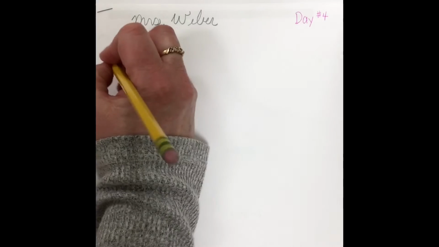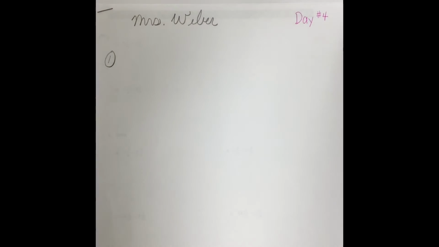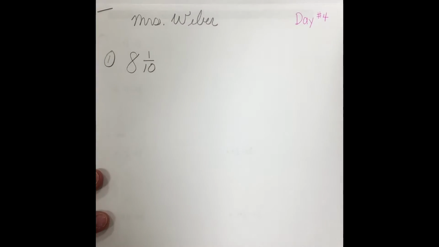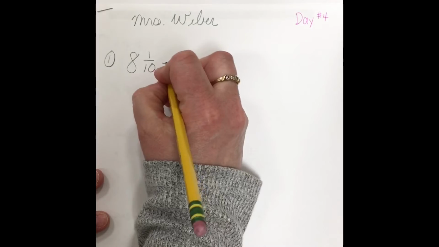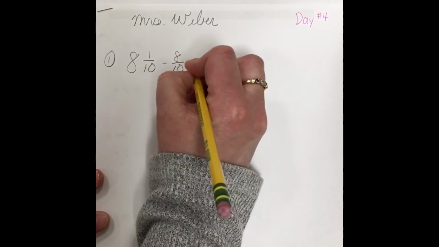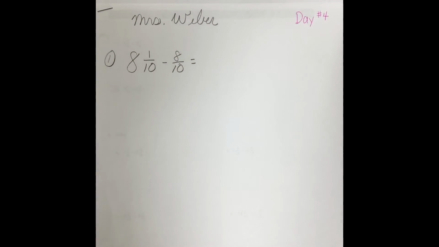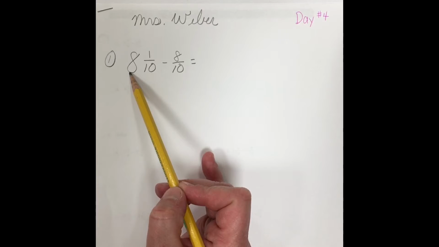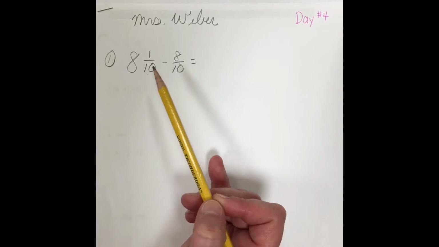So we're going to start right out with problem number 1. We're going to take 8 and 1/10 and we are going to subtract 8/10. Now, remember, we subtract ones from ones, fractions from fractions.